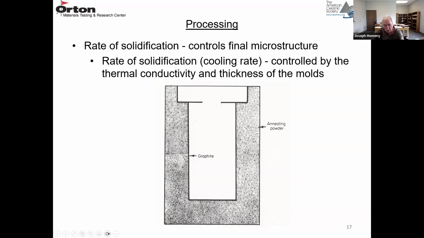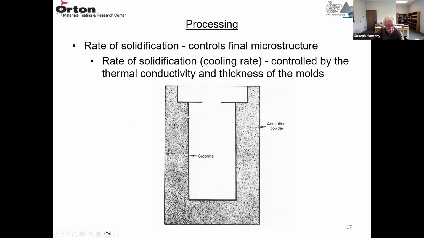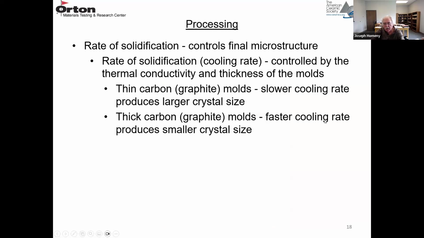So there's more insulation. So that gives rise to a slower cooling rate. If you have a thick carbon mold, that high conductivity carbon makes a faster cooling rate and smaller crystal sizes. So as this graphite gets thicker, that's going to increase the cooling rate, and the faster it's cooled, the smaller the crystal size.